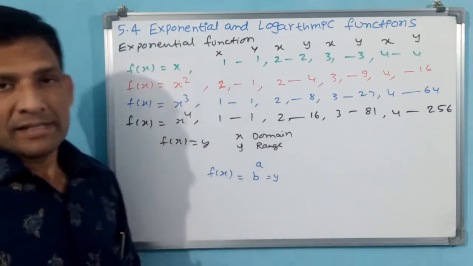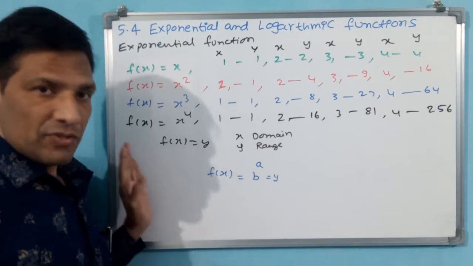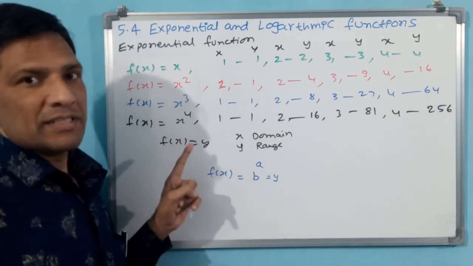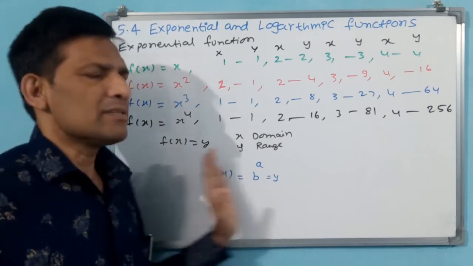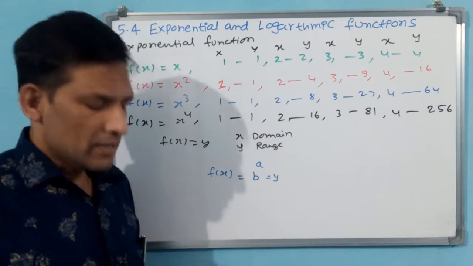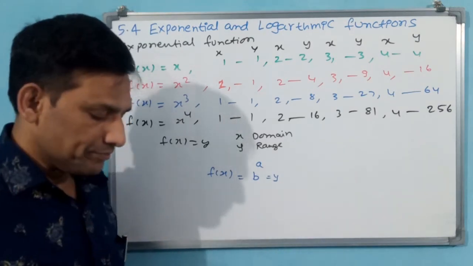What we understand here is, these functions, I have not yet called exponential functions. These functions will give tremendously increased output. We will see the graph also, and with the graph we will understand.